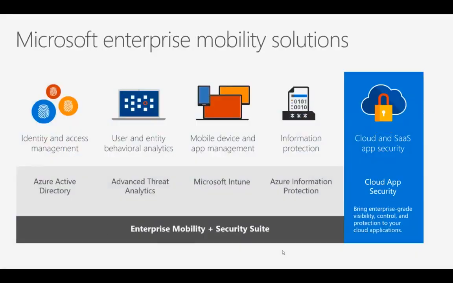To overcome these challenges, Microsoft introduced a whole suite where every aspect would be taken care of. The elements that take a major part of this mobility solution are identity, the behavior of a user, and the things it controls, that is, mobile device management.